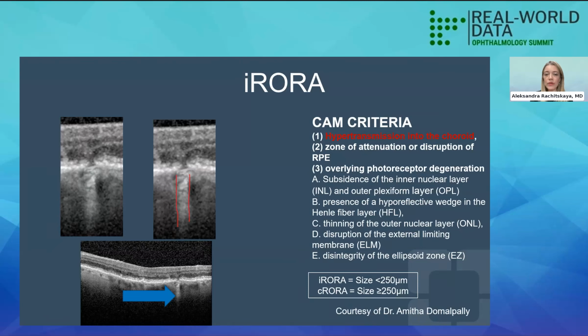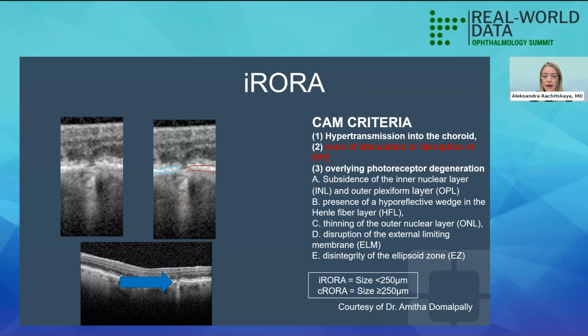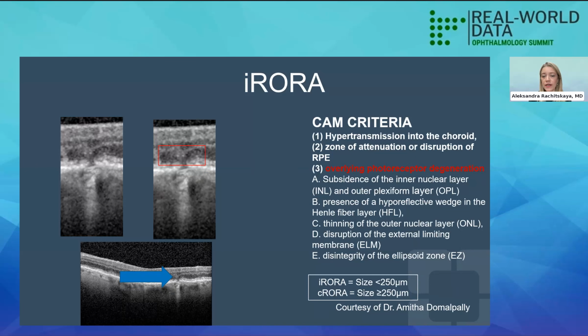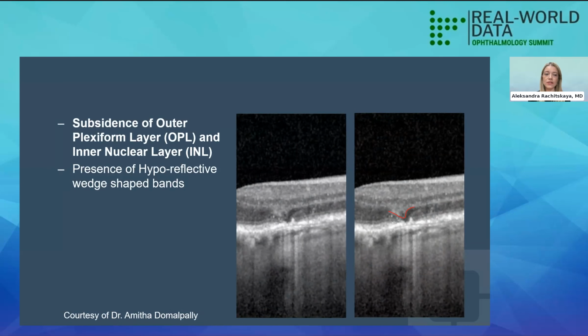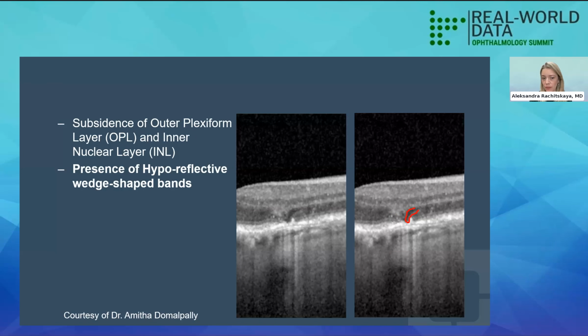And when we look at the CAM criteria, the definition is hypertransmission into the choroid, as shown here in red, a zone of attenuation or disruption of the RPE, as shown here with the blue arrow, and overlying photoreceptor degeneration that includes thinning of the outer nuclear layer, disruption of the ELM, and disintegrity of the ellipsoid zone, as well as this subsidence of the outer plexiform layer and inner nuclear layer, shown in red as that diving in, and also the presence of hyperreflective wedge-shaped bands.